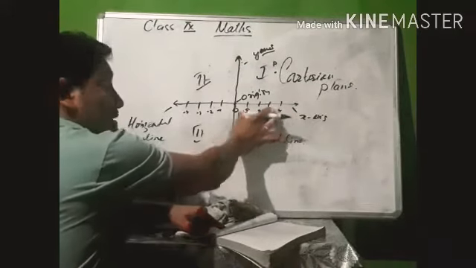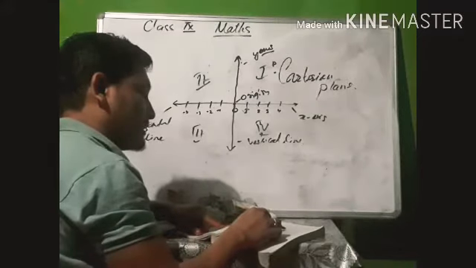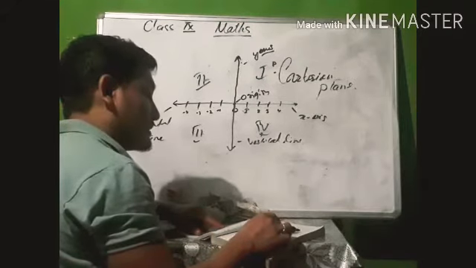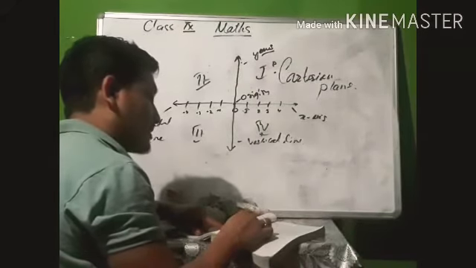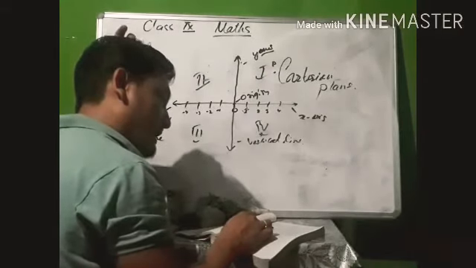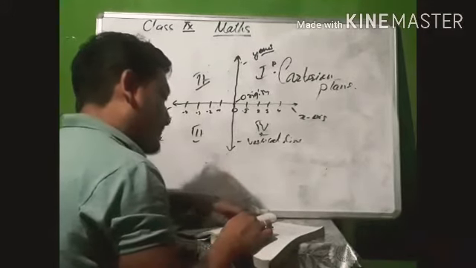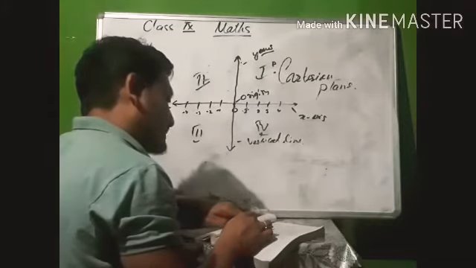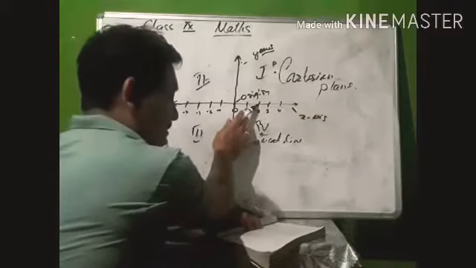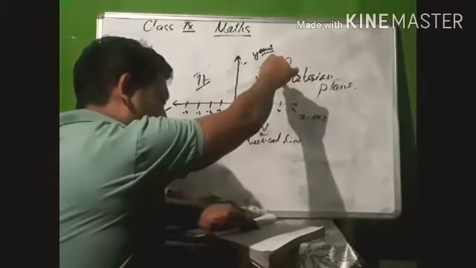These are the positive coordinates, these are the negative coordinates. The x-coordinate of the point is its perpendicular distance from the y-axis, measured along the x-axis, positive along the positive direction of the x-axis. So this is the direction, and it is perpendicular.